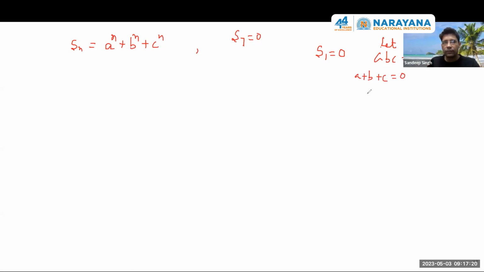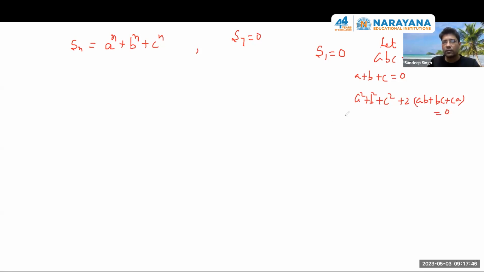If this is 0 and I'm going to square this, A square plus B square plus C square plus 2 times AB, BC, CA, this must be equal to 0. And what is A square plus B square plus C square? Can you observe this?